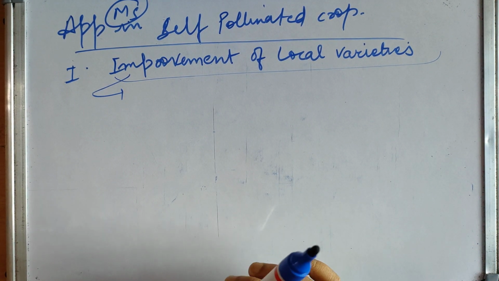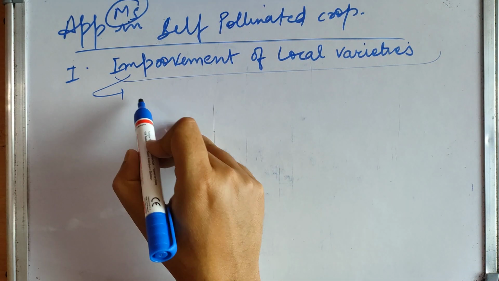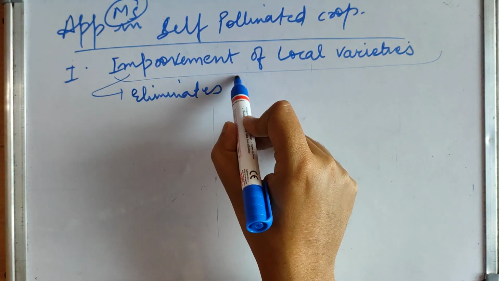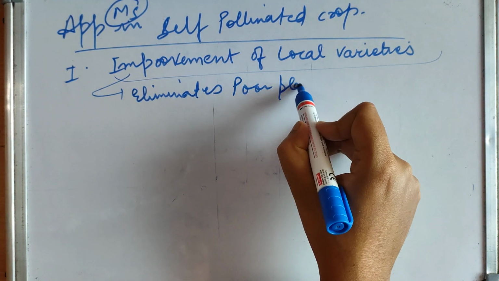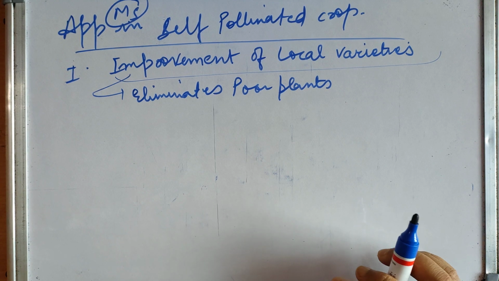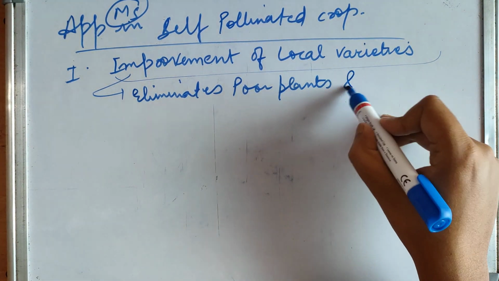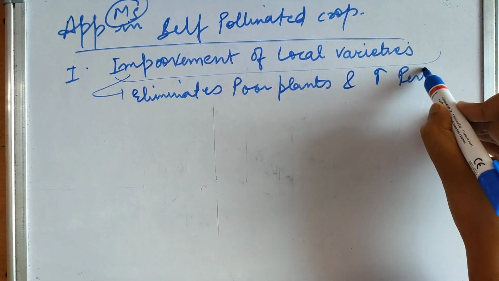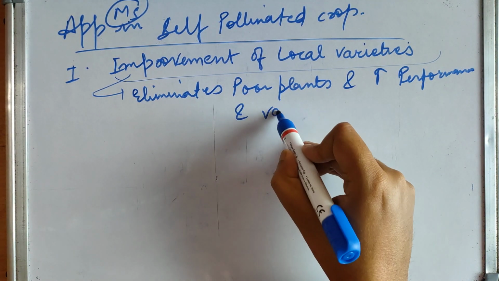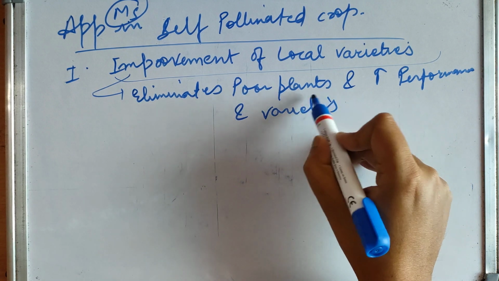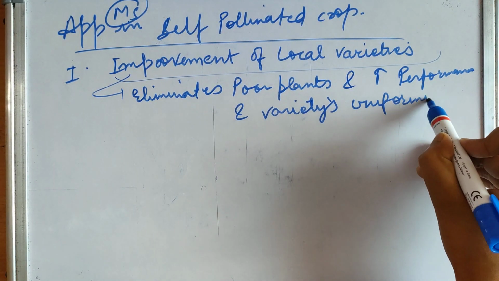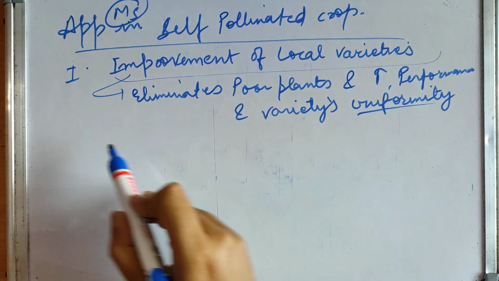It eliminates poor plants, as we discussed in negative mass selection, and improves performance and variety uniformity. It helps to keep the variety uniform.